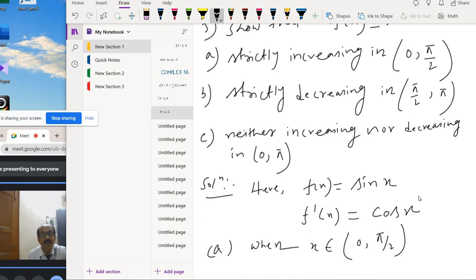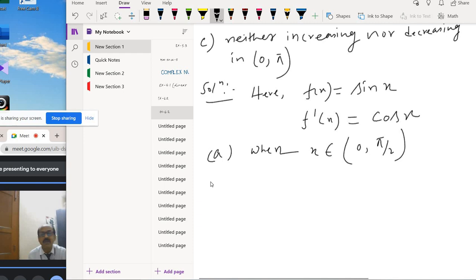Within this interval, points are like pi by 4, pi by 6. So the value of cos pi by 4, pi by 6, all are positive only. Between 0 to 90 degrees, pi by 2, cos x is always positive.